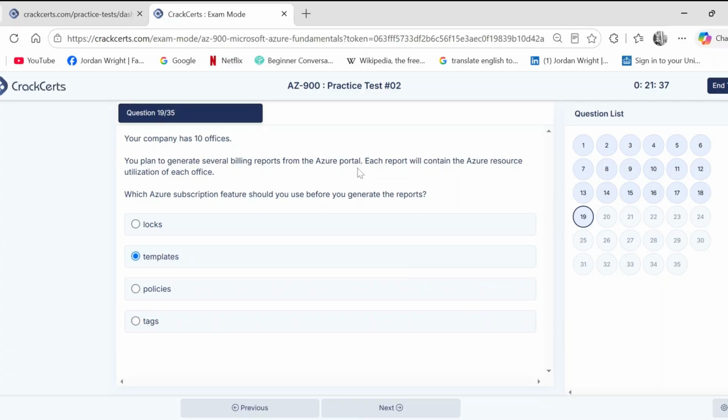Or, oh no, hold on. I think it's policies. Is it not policy? Sorry, what did you say? Is it not tags? Actually, it could be tags. Your company has 10 offices, billing reports.